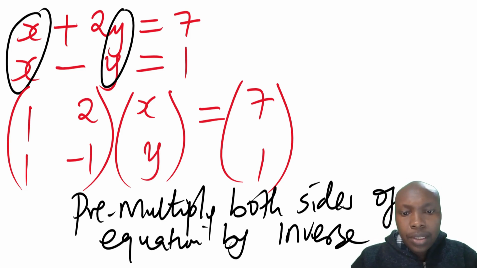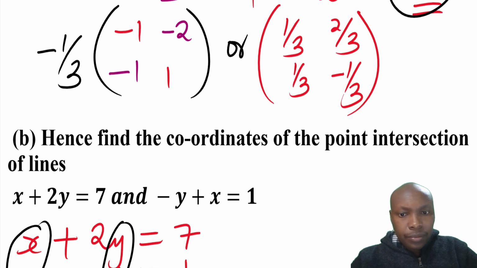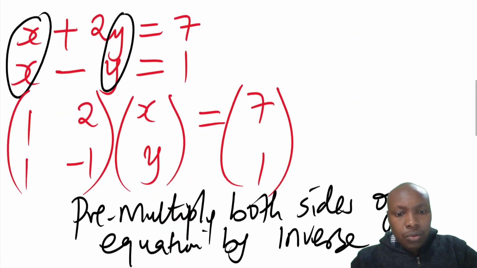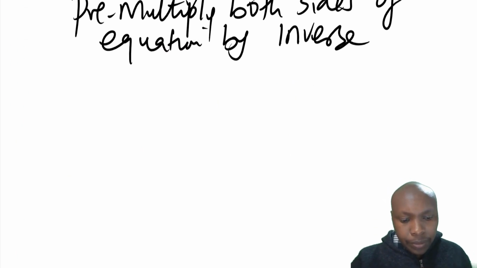Since we obtained the inverse in the first part, you don't need to get it again. The inverse was here, negative a third, and we can use either form. This is what we mean by pre-multiplying.